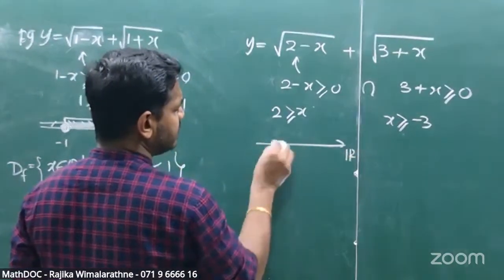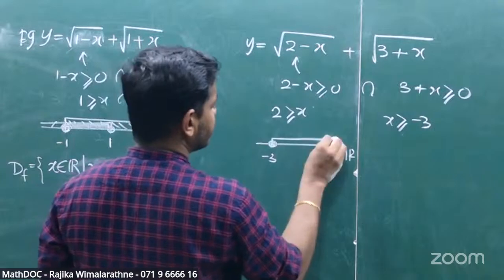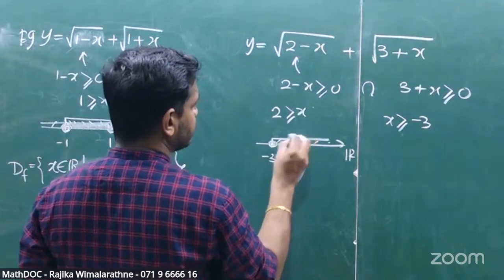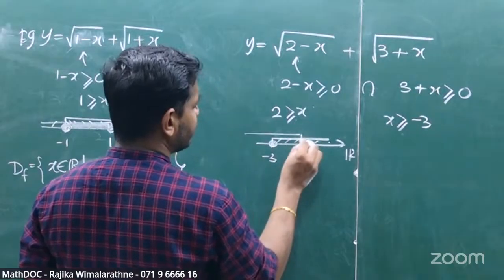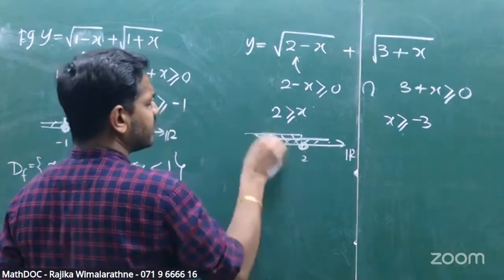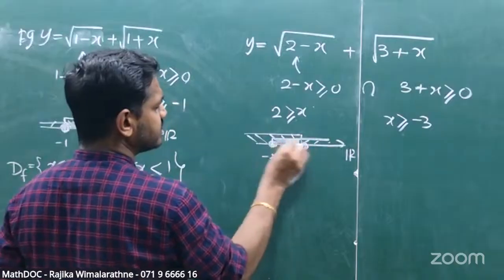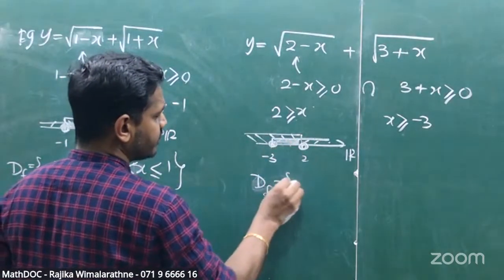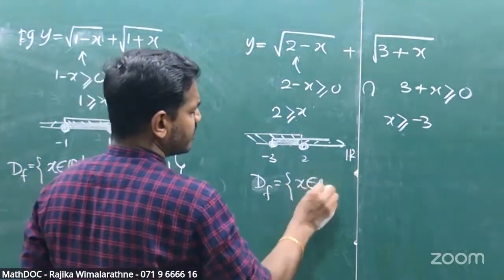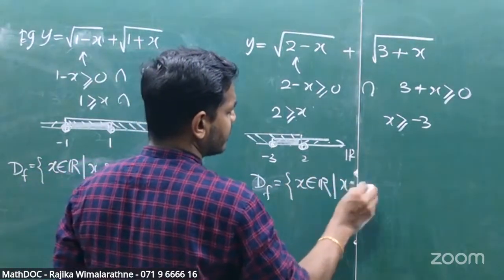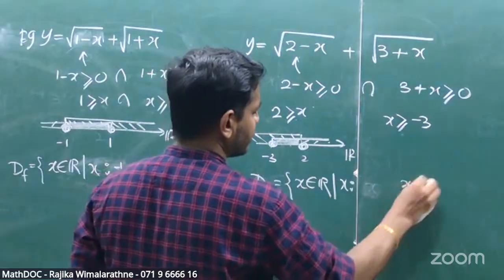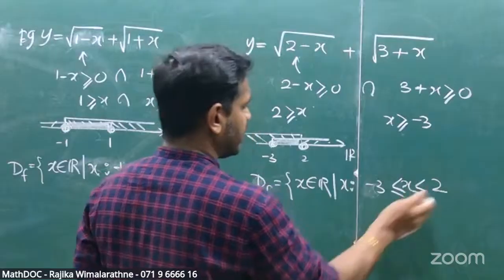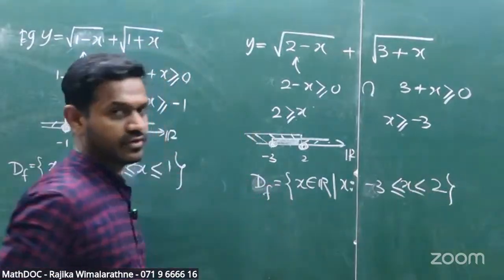Here minus 3, here less than 2. Then the common region is this. Then here our domain is the minus 3 to 2 region.